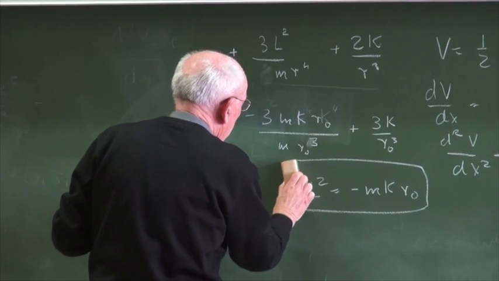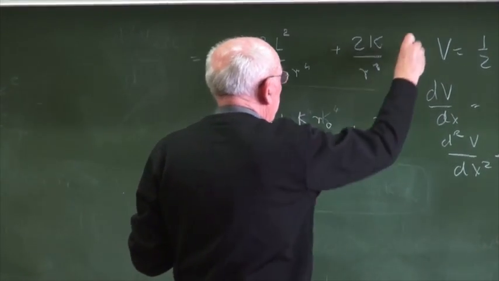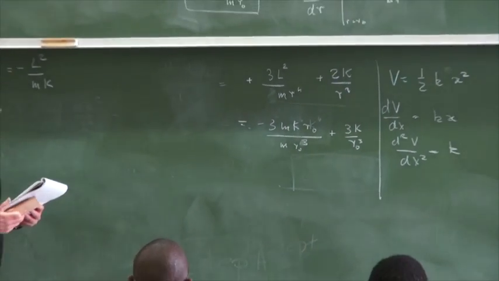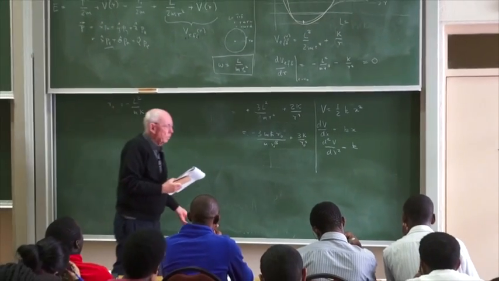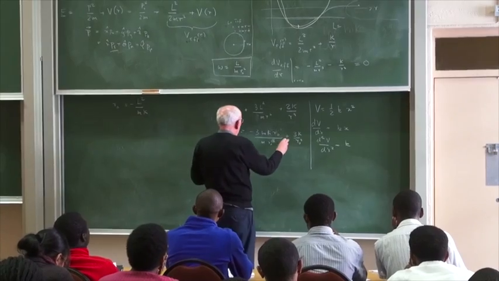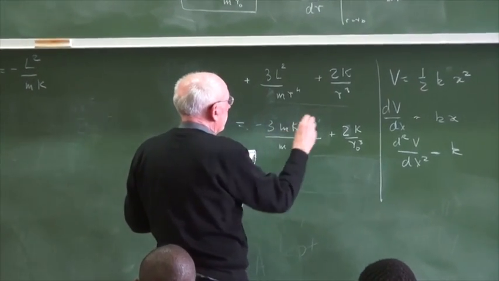Okay? Is that right? Somebody checking? What is it? 2k here, yeah, okay, 2k over R0 to the third.